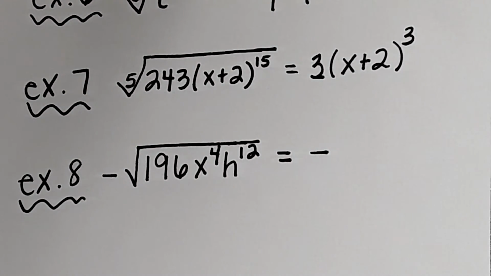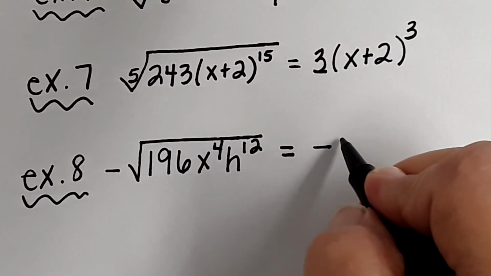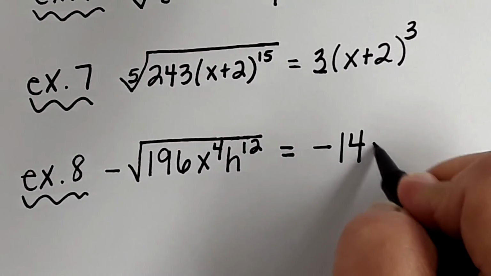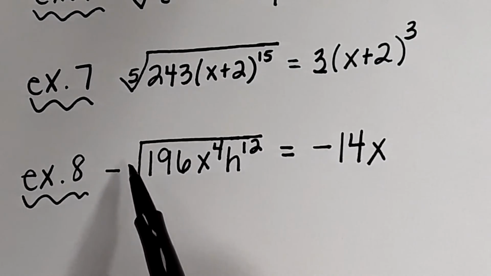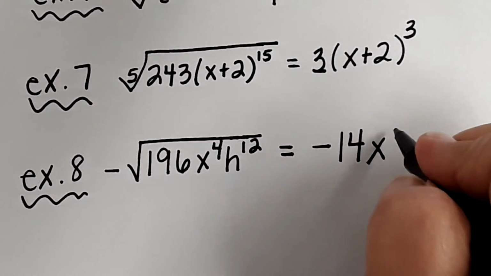What is the square root of 196? 14. I'm going to write x, and then my index is 2, so I'm going to divide. 4 divided by 2 is?